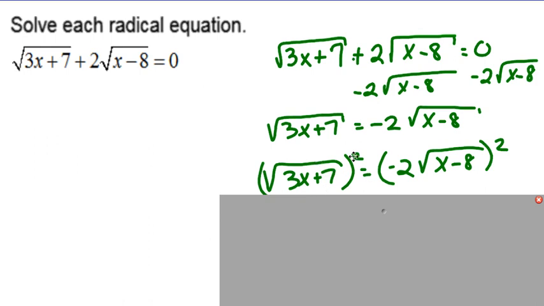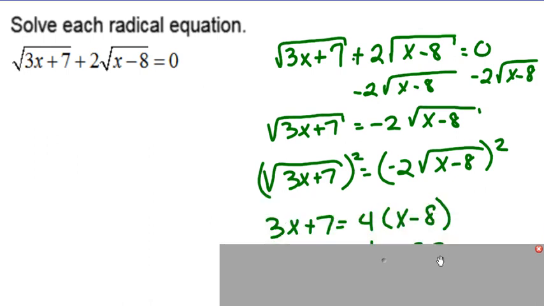Well, 1/2 times 2 is 1, so they undo each other. We'd have 3x plus 7 on the left. Now we're squaring each item on the right-hand side, so we're taking negative 2 times negative 2, which is 4. And this quantity x minus 8 is to the 1/2 power, so 1/2 times 2 is 1. So we'll have it times x minus 8.